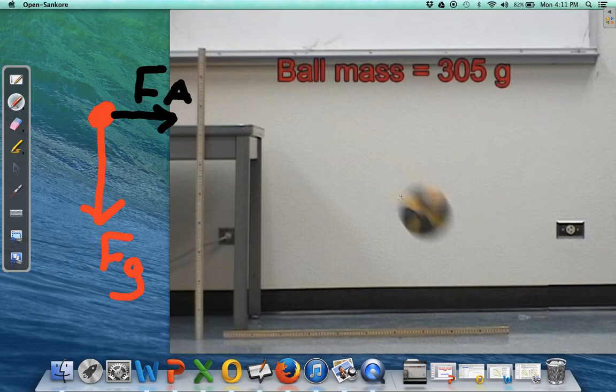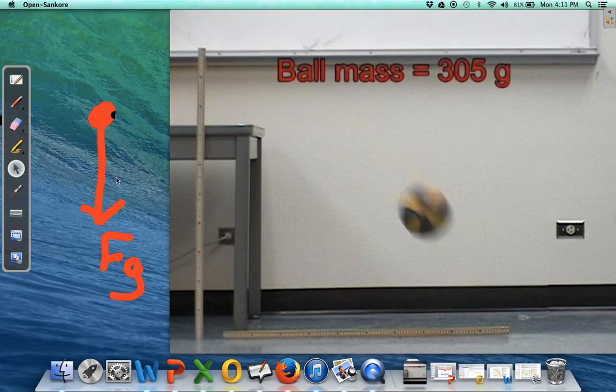However, at this point right here, maybe it's just me, but I don't see a guy pushing this ball to the right at all. The force that was applied to get this ball moving happened way in the past. At this moment, when it's mid-air, it should only be the force of gravity that's acting on the ball. So that's it. That is your force diagram. It's just that force of gravity.